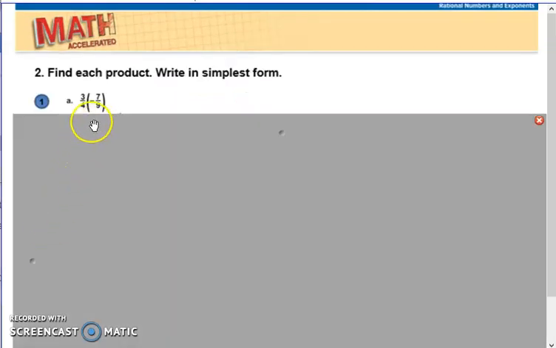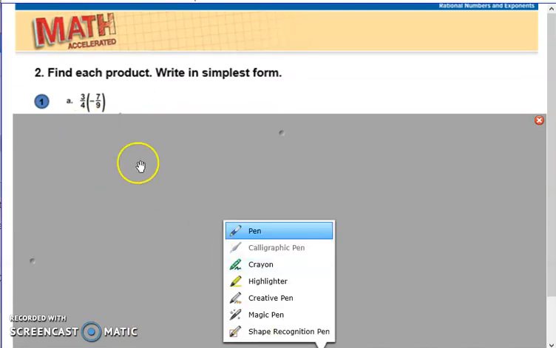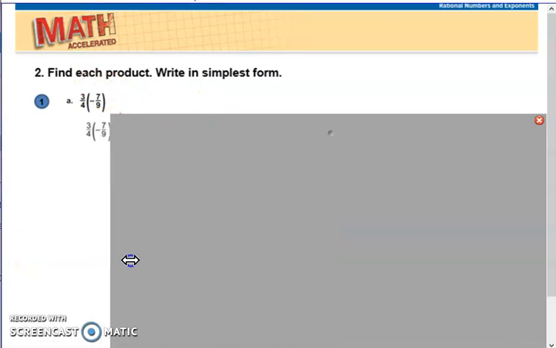Okay, look closely at this example right here, and you'll see that we've got 3/4 times a negative 7/9. Oh, I'm worried I'm going to forget that negative, so double check me there at the end, okay? Anyway, if you look at this problem, you take and multiply these straight across, you get 21. And then I'm going to remember that negative right now. And if you multiply straight across, you're going to get 36.